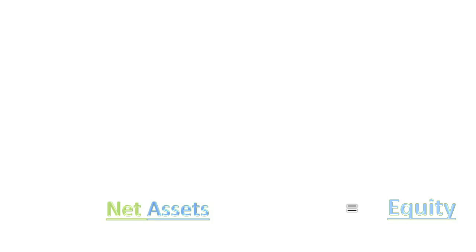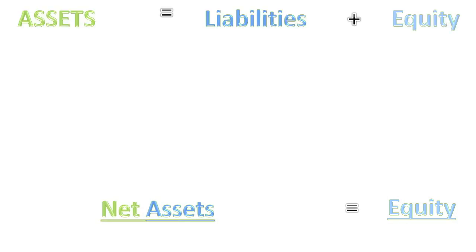A company's equity can also be referred to as its net assets. This concept of net assets begins with the standard balance sheet equation. Assets equals liabilities plus equity. Assume a company has $200 in assets and $120 in liabilities.